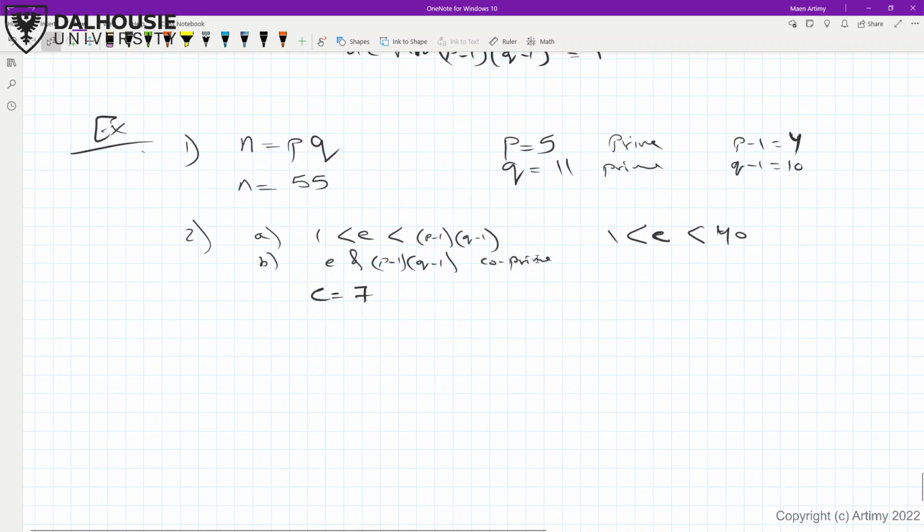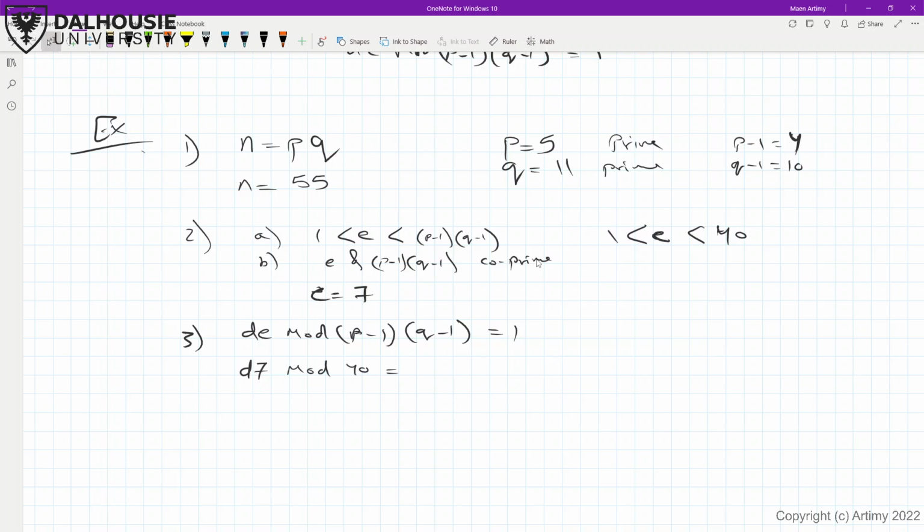Okay, so now our third step is to find D. And the condition here is to have DE mod (P minus 1)(Q minus 1) equal 1. So we want to find something that we multiply with 7 mod 40, we get 1. So D here is the inverse of 7.